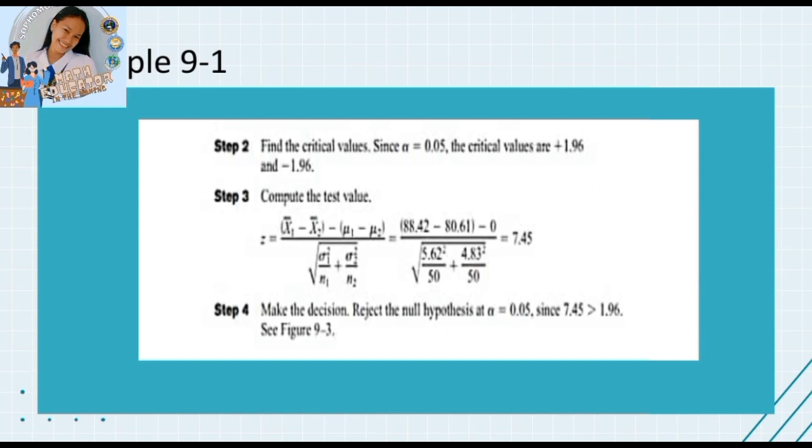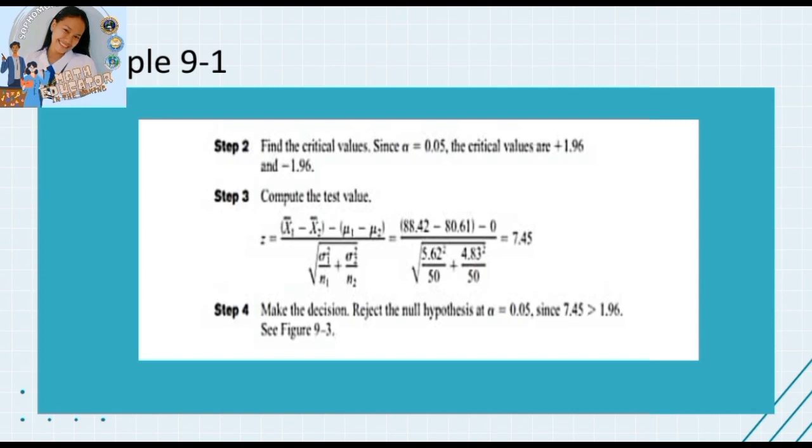We are just going to substitute the given values. So (88.42 minus 80.61) minus 0. The 0 is the difference of mu sub 1 and mu sub 2. All over the square root of 5.62 squared divided by 50 plus 4.83 squared divided by 50. This results in 7.45.